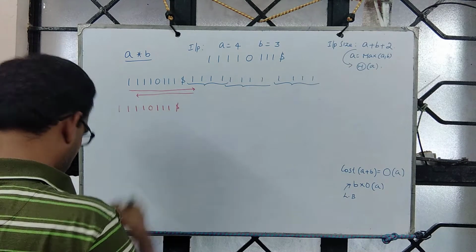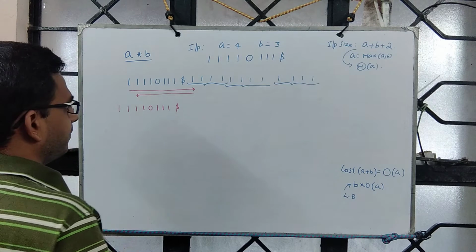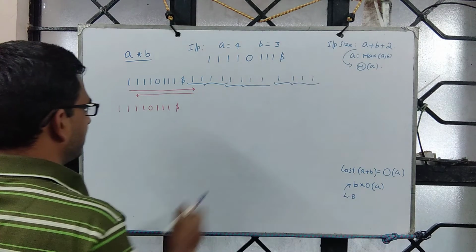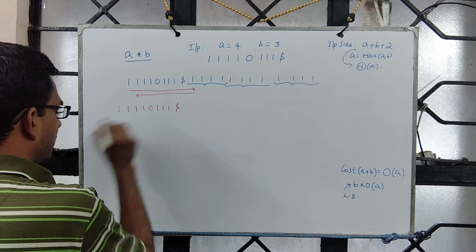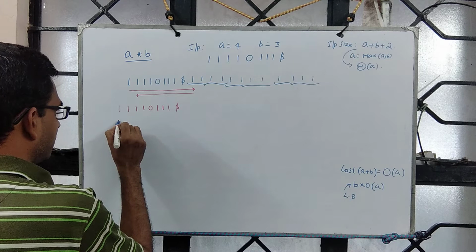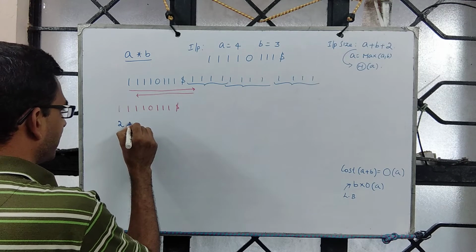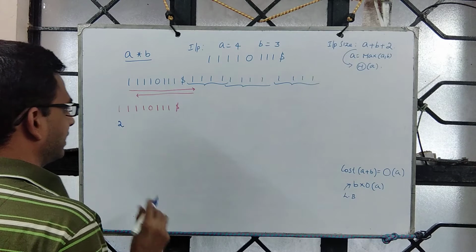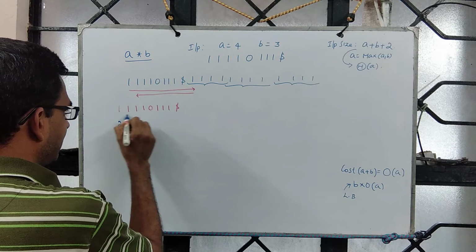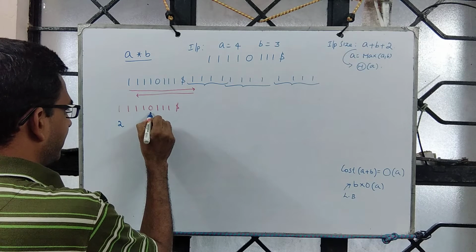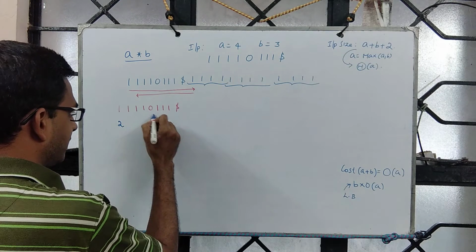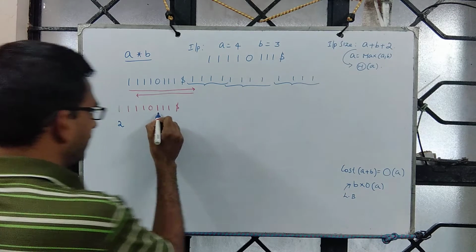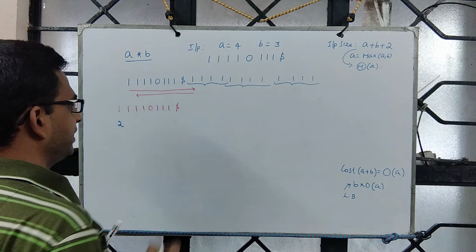Okay, let's look at 1 1 1, 0, 1 1 1, dollar. Okay, and now it is filled with blank symbol. So first I am going to copy this. So what we will do is let's change this to 2. The rest is unchanged. Then I scan this. So when I scan this and encounter 0, after that when you change the state, we know that the B starts, right?